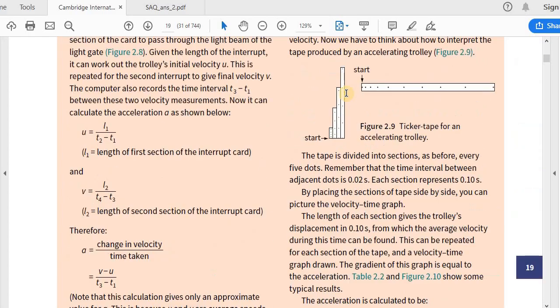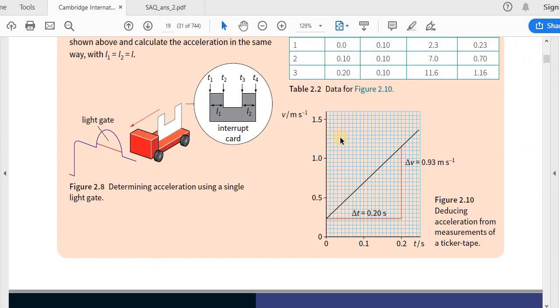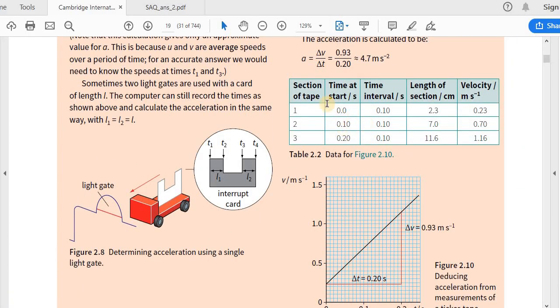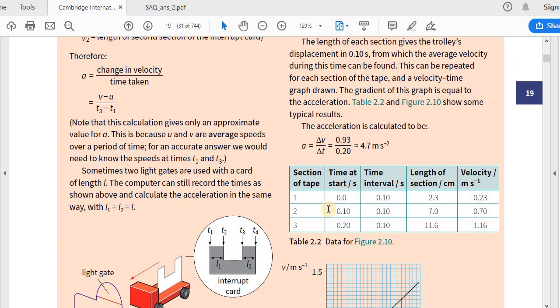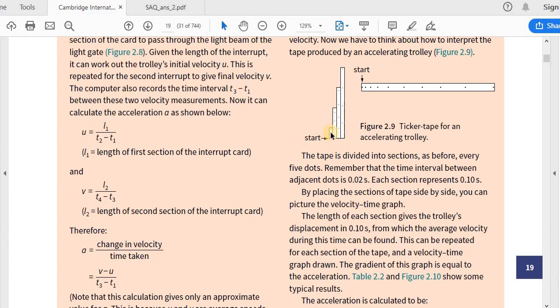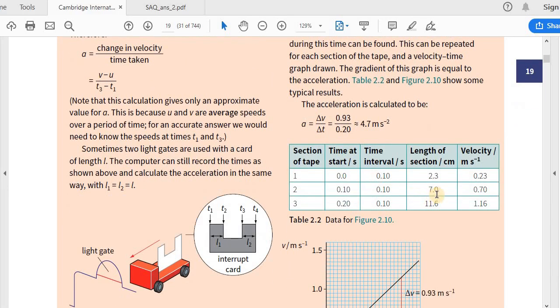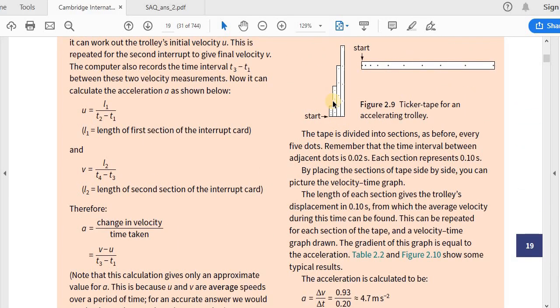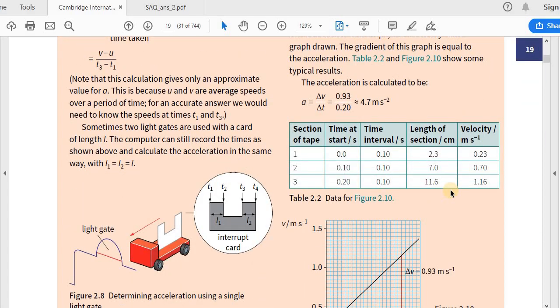Now using this, you can see the displacement: this is the section of tape, time interval, then length of section. In the beginning, first section of tape, that is this one, is 2.3, second section 7.0, third section 11.6.